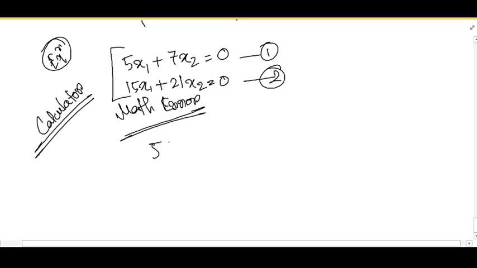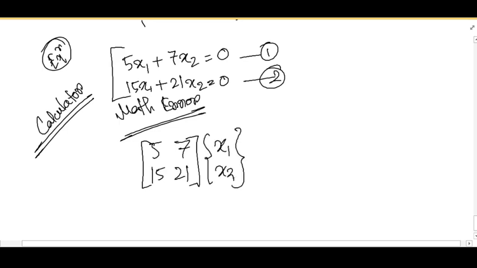And if I write it down in matrix format, I can write it like this: the coefficient matrix times x1, x2 equals 0, 0, and we can write 0 as well, like this. So this is the matrix form of this particular equation.